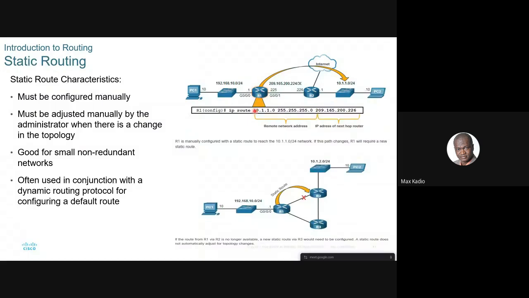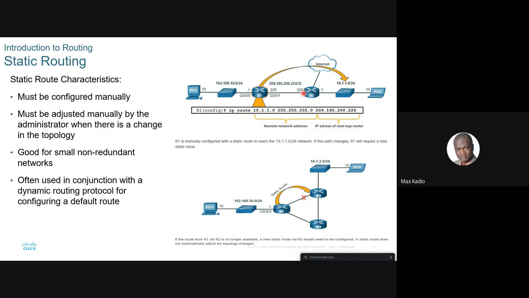We go to that router, R1. For the remote network, we type ip route, the remote network, the subnet mask, via the next hop, the IP address of the next hop. So if I'm R1 and I want to go there, my next router, my next hop, is R2.